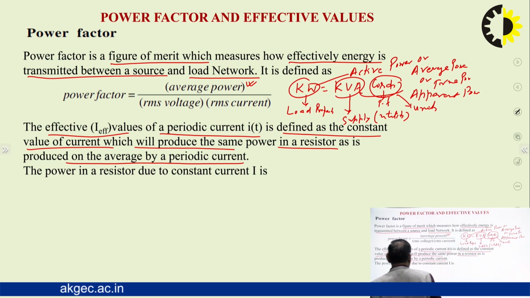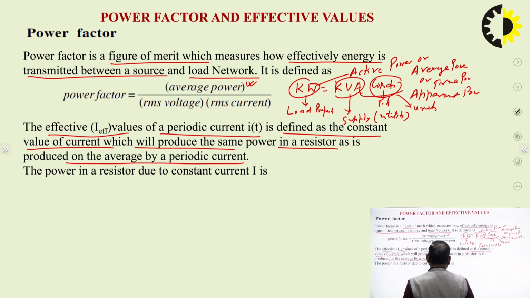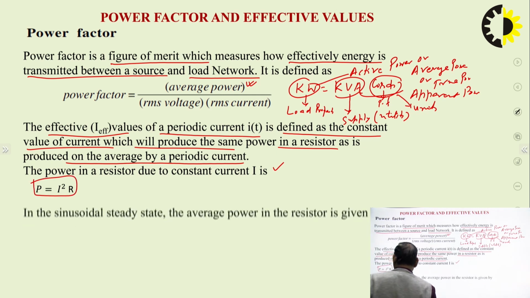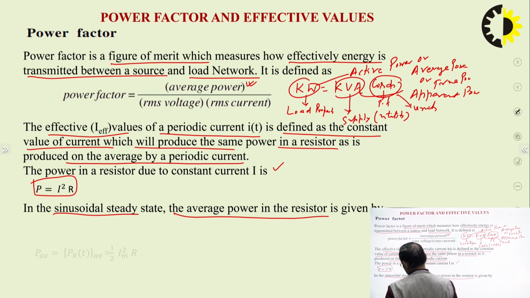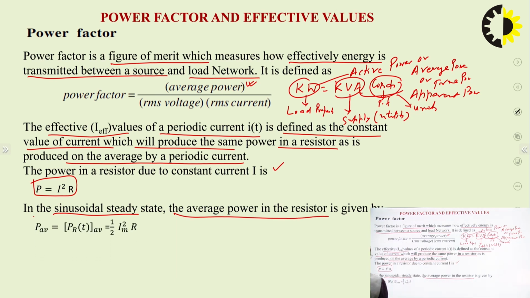So power in a resistive load or in a resistor due to a constant current is given by P equals I squared R, and in the sinusoidal steady state the average power in the resistor is given by half Im squared R, if the input is periodic.